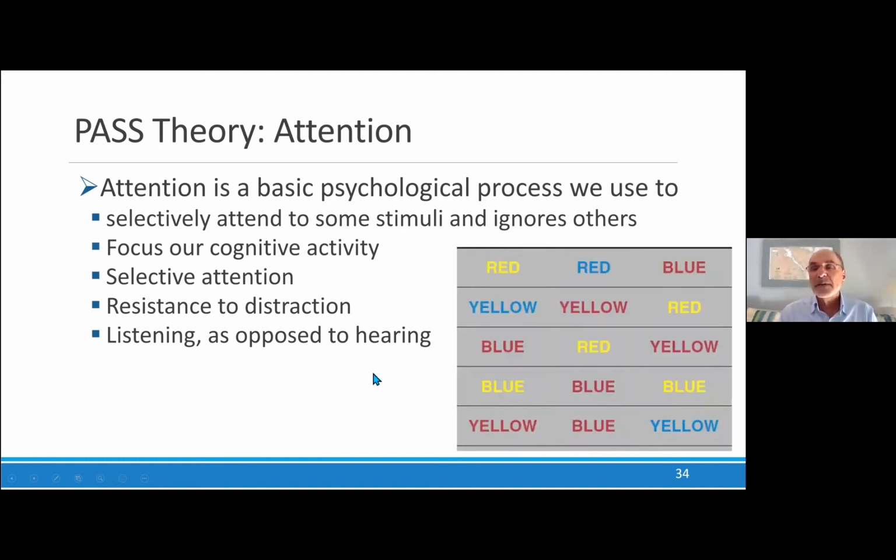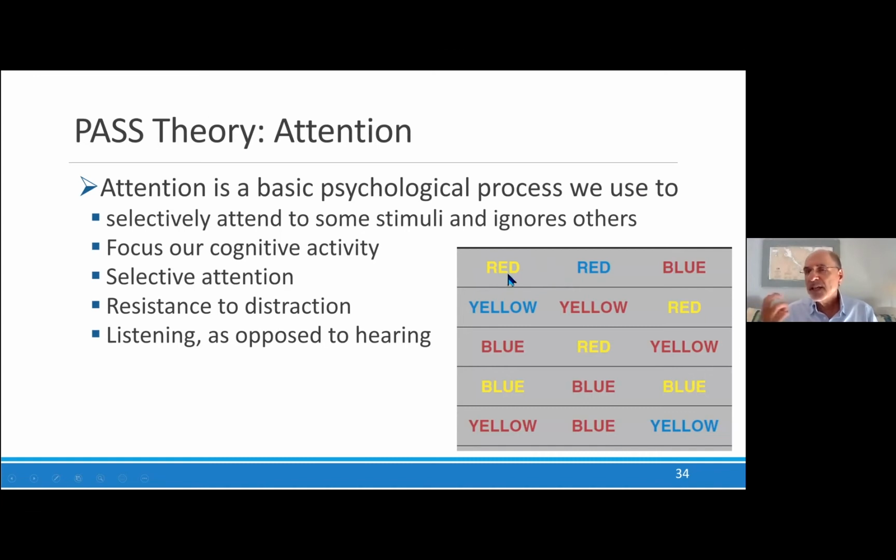Now, one way that we can measure attention is with this very traditional Stroop test. Why Stroop? Because in this example, you see the word red, but you have to say yellow.